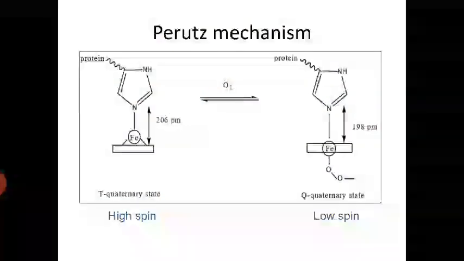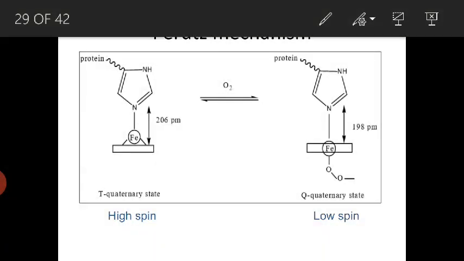So here in this structure, the distance between nitrogen and iron is 206, and the iron is in high spin state, and as its size is quite larger, this iron atom cannot be fit into this porphyrin macrocycle. Iron cannot fit inside the porphyrin ring as it has larger size in high spin.